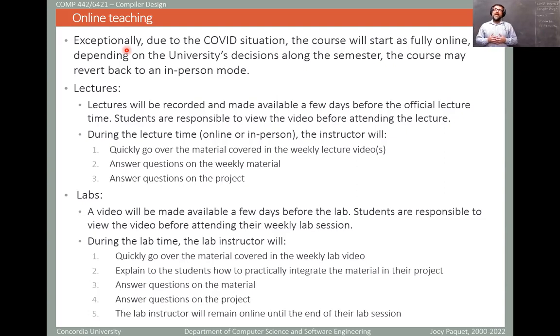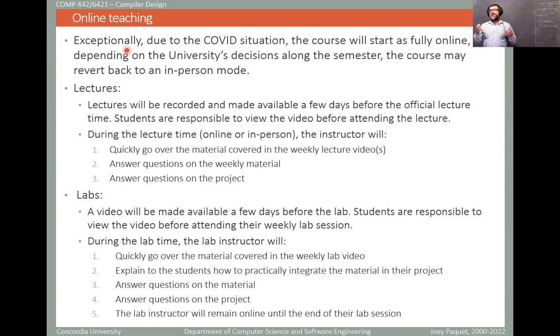Last semester, we were in hybrid mode, in person and online. That's what I did in my other courses last semester: half of my lectures online and the other half in person. We'll see how it goes, but that's possible because even if we say we're going back in person, there are some students that are reluctant to go in person for obvious reasons.